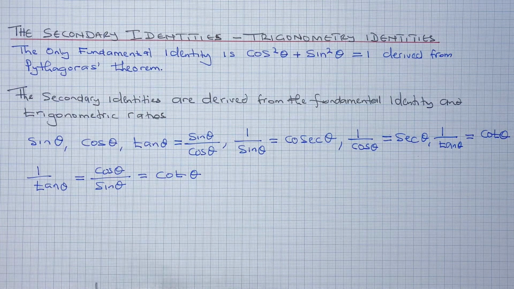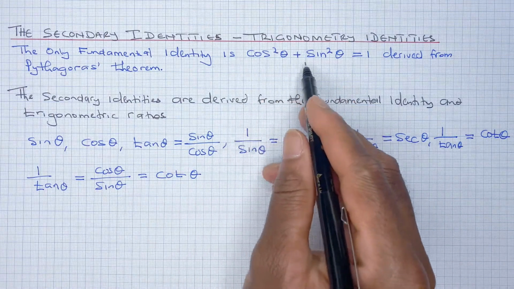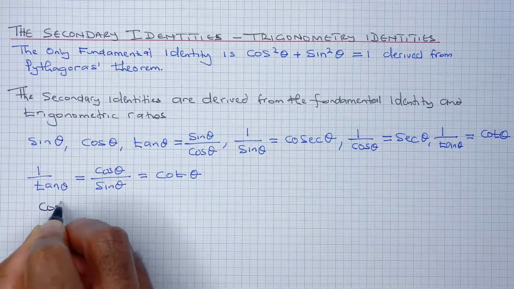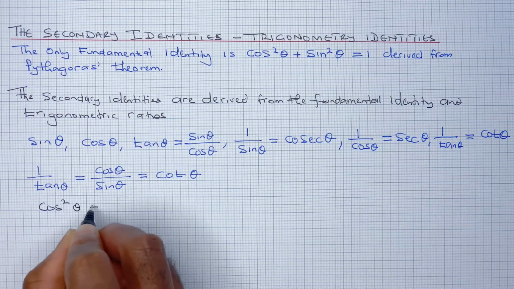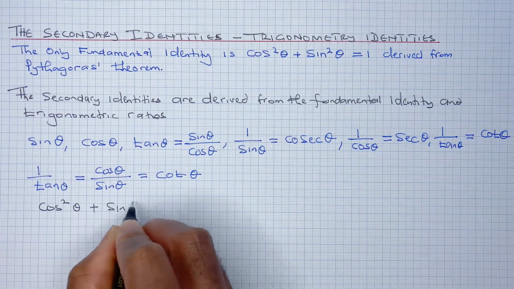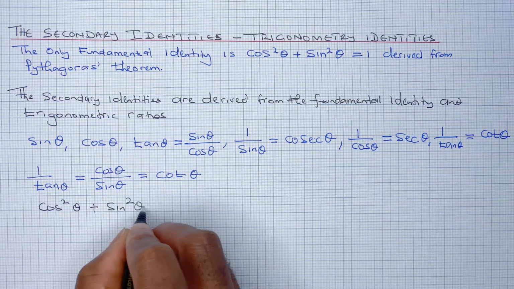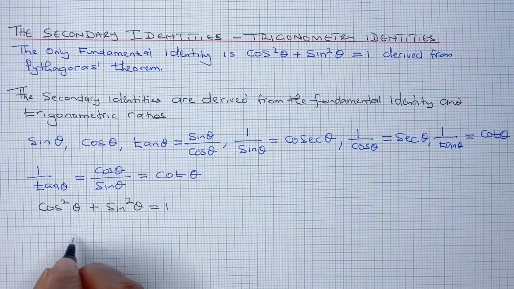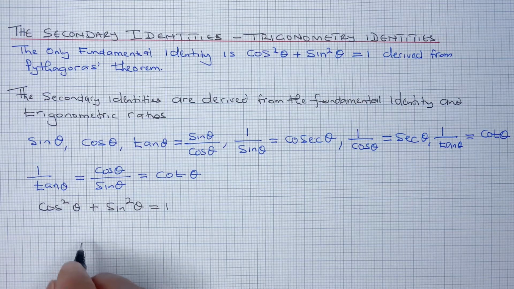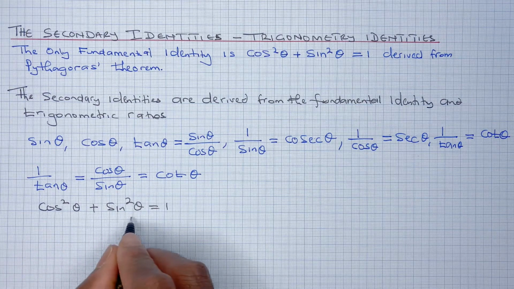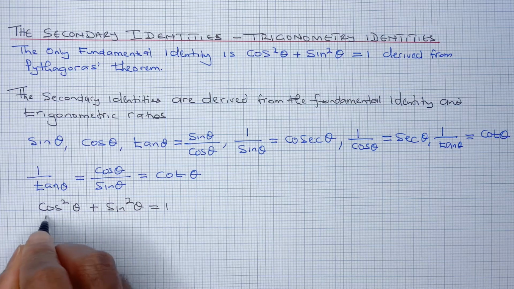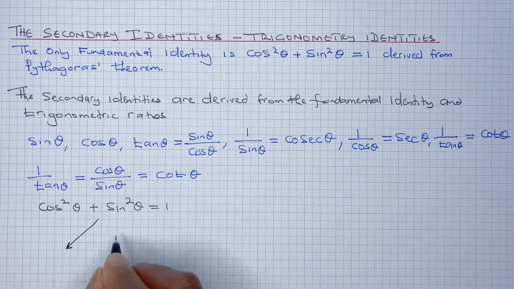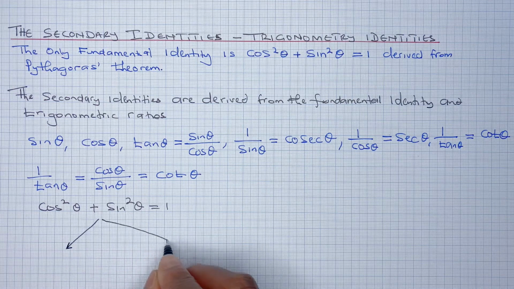If we write down the fundamental trigonometry identity here, which is cos squared theta plus sine squared theta equals 1, we do two forms of actions. One is to divide the whole thing by one thing, and the other one is to divide by another.